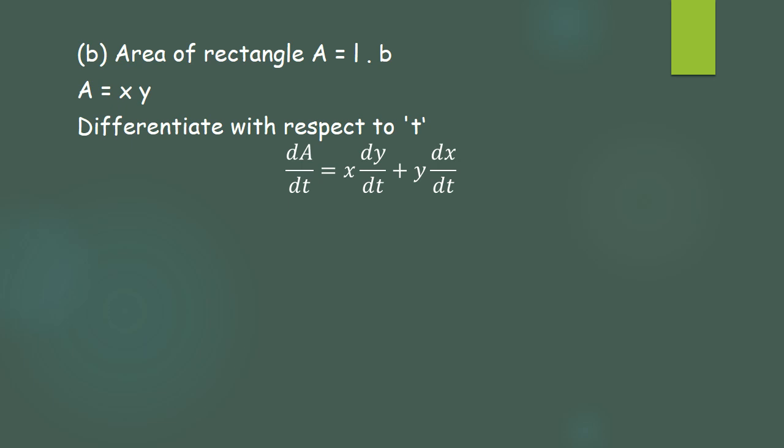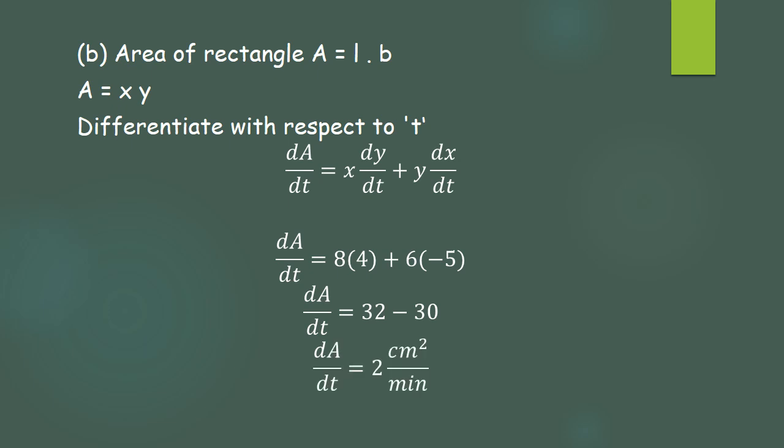Now we will replace all the values. x is given 8, dy by dt was 4, plus 6 into minus 5. So that is equal to 32 minus 30, that is equal to 2 square centimeter per minute. It means the area will go on increasing at the rate of 2 square centimeter per minute.